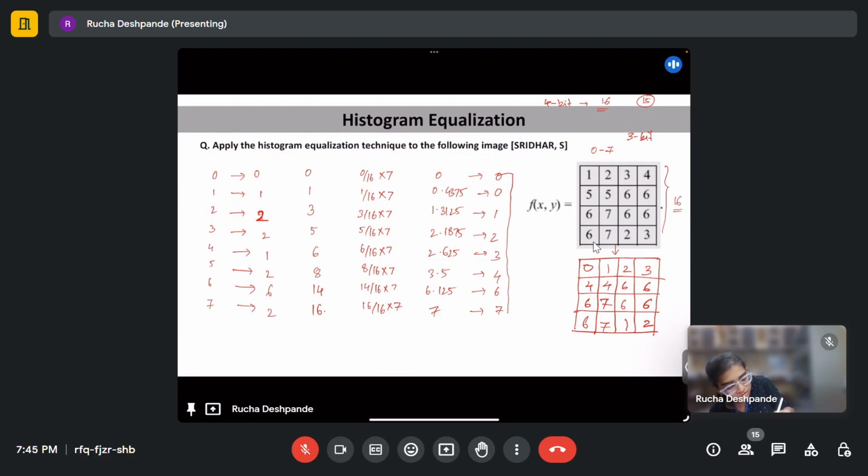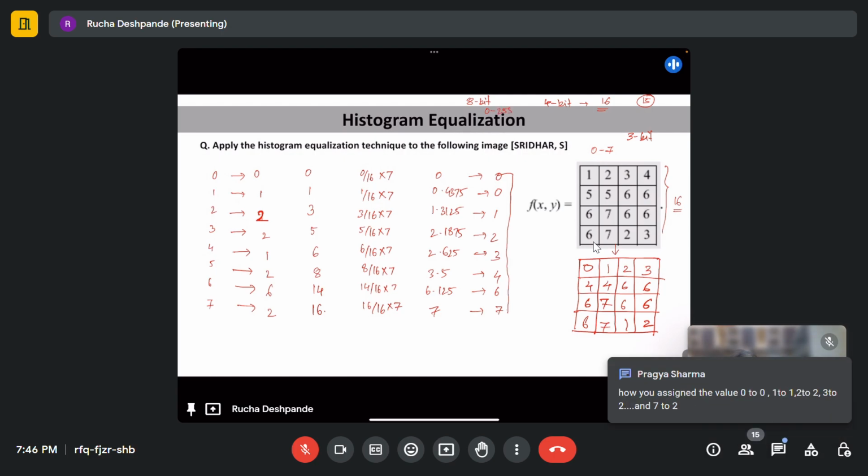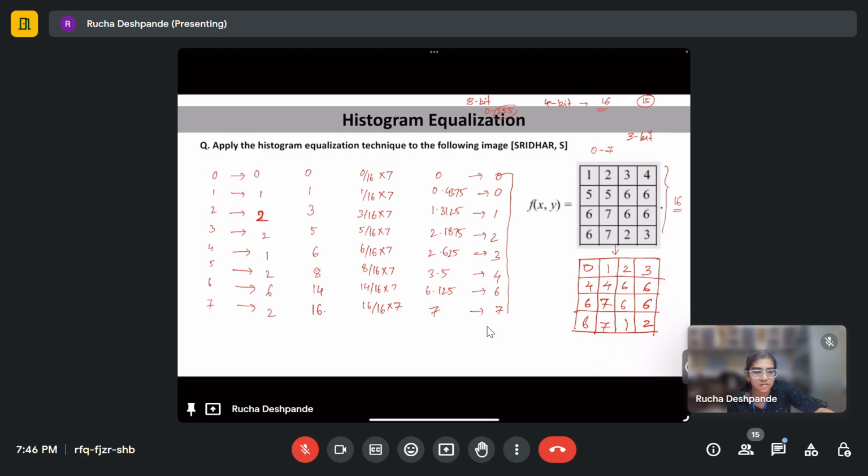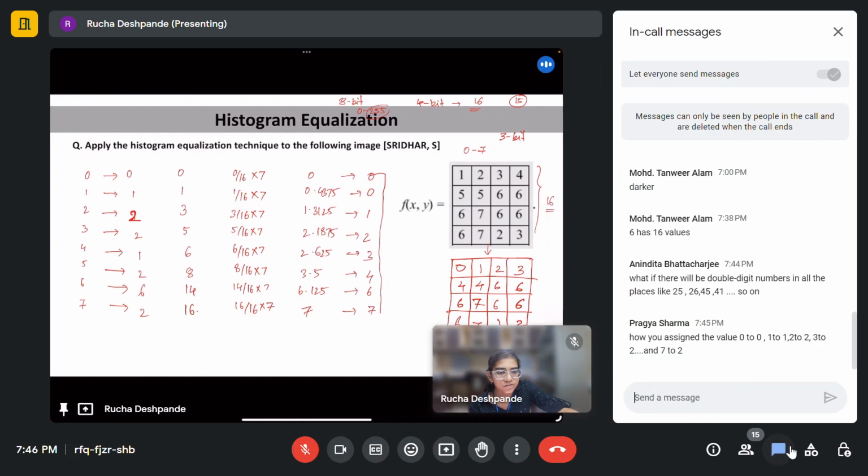For an 8-bit image, your values will range from 0 to 255. So in that case, 255 will be the multiplication factor. Yeah, so that is how you assign the values.